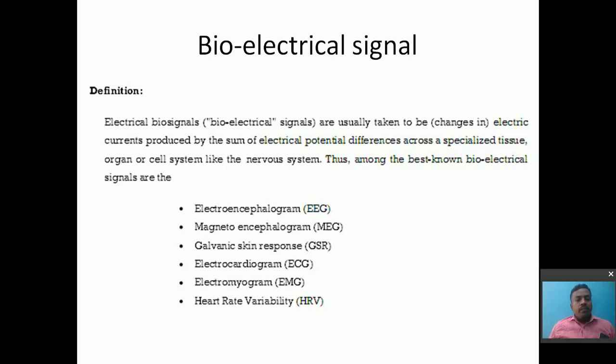The electroencephalogram, EEG, is used to measure the brain waves. Then magnetoencephalogram, MEG, then GSR, then ECG, then EMG, HRB. These are some bioelectrical signals measured from the human body.